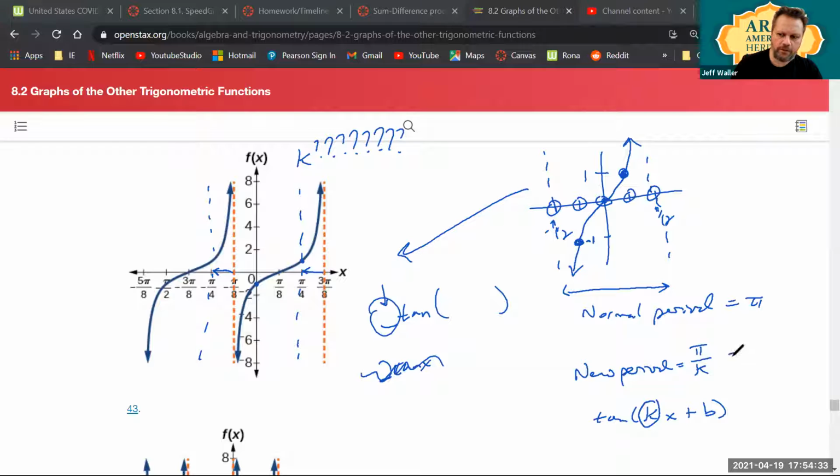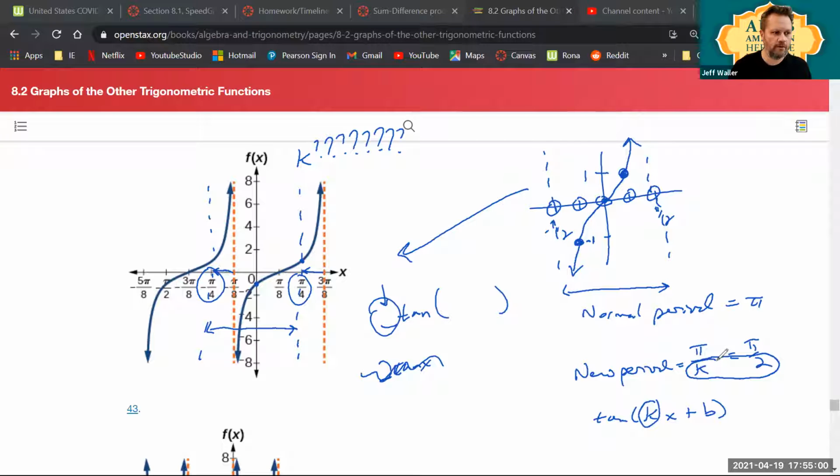Well, I know what the new period is. What's the new period? Pi over 2. So I need this to be pi over 2. So you can pretty much just look right at it and tell what K is. I don't have to do any work. Can you see that? Pi over K equals pi over 2. Well, K is 2 then.